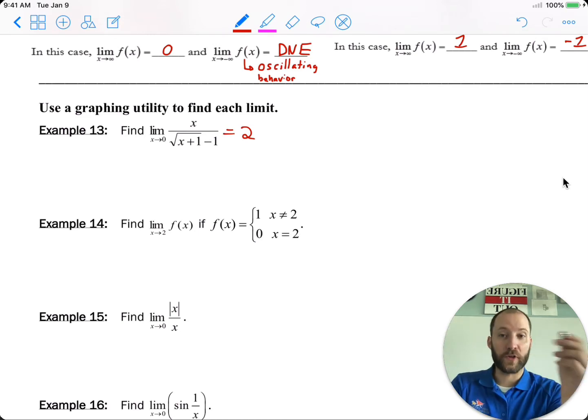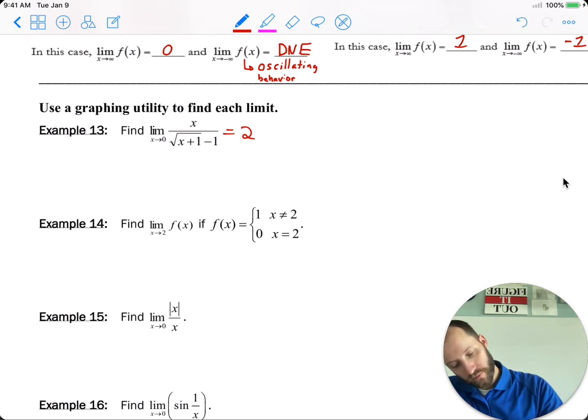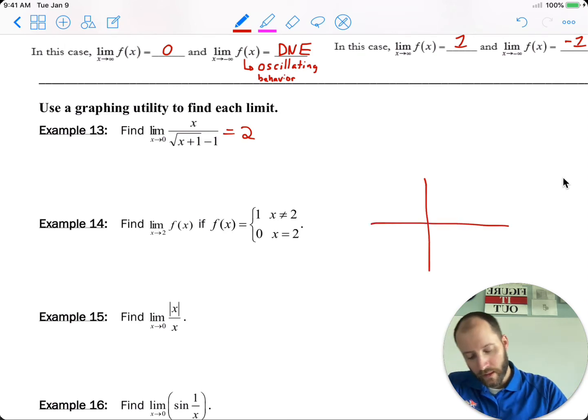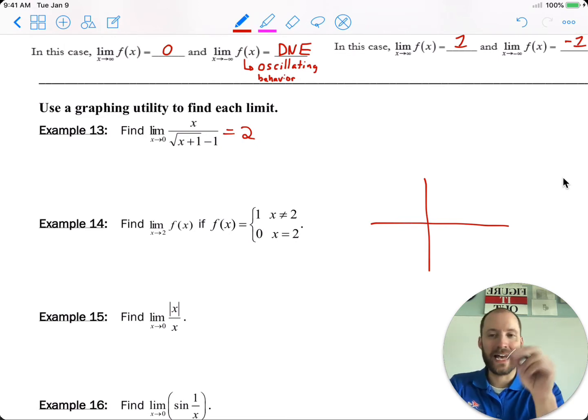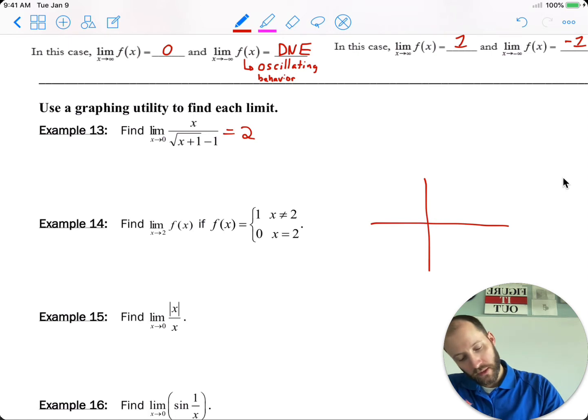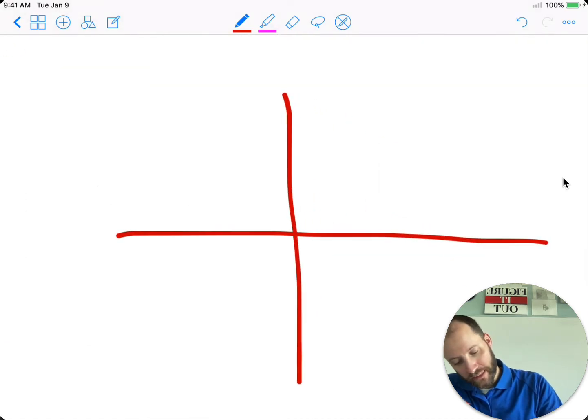For example 14, a piecewise function. So f of x is always 1 when x is not equal to 2. So we have a horizontal line. Kind of draw a good enough graph here.